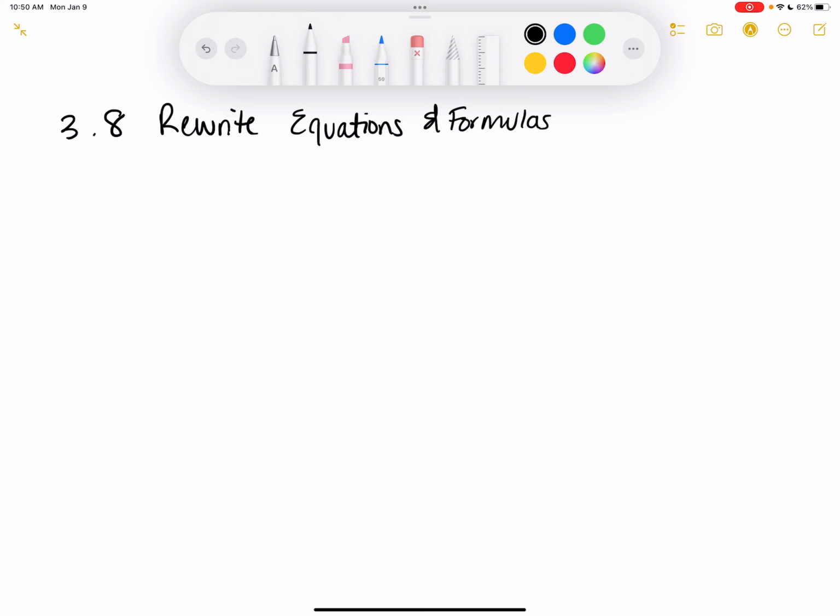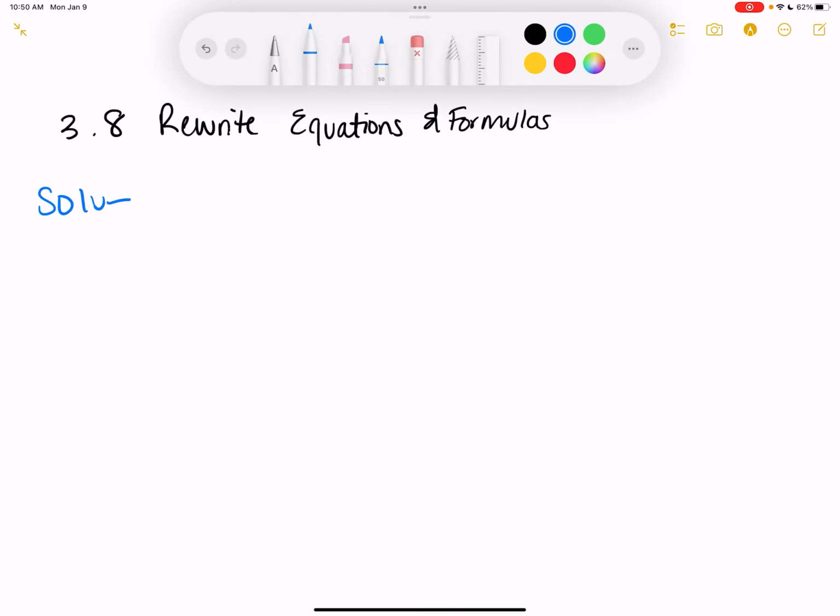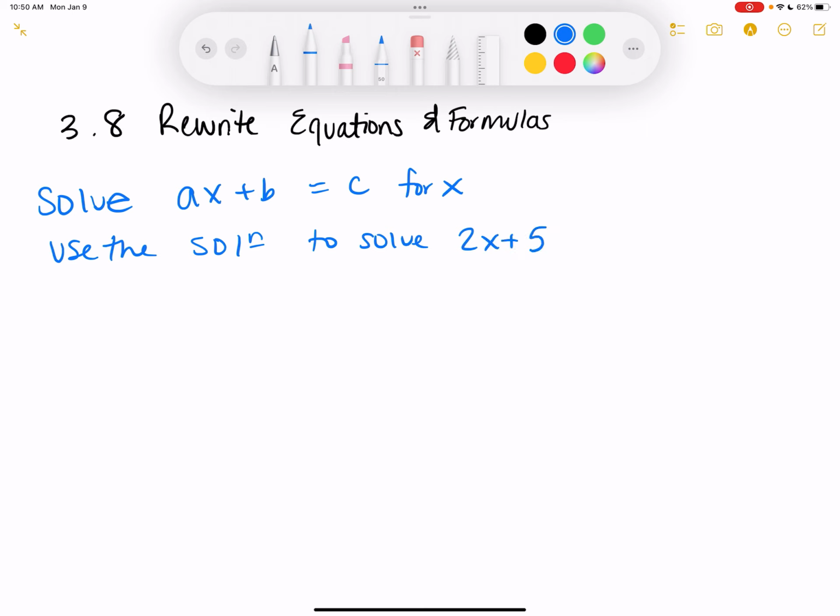Let's look at, so it says to solve ax plus b is equal to c for x, and then it wants us to use the solution to solve 2x plus 5 is equal to 11.